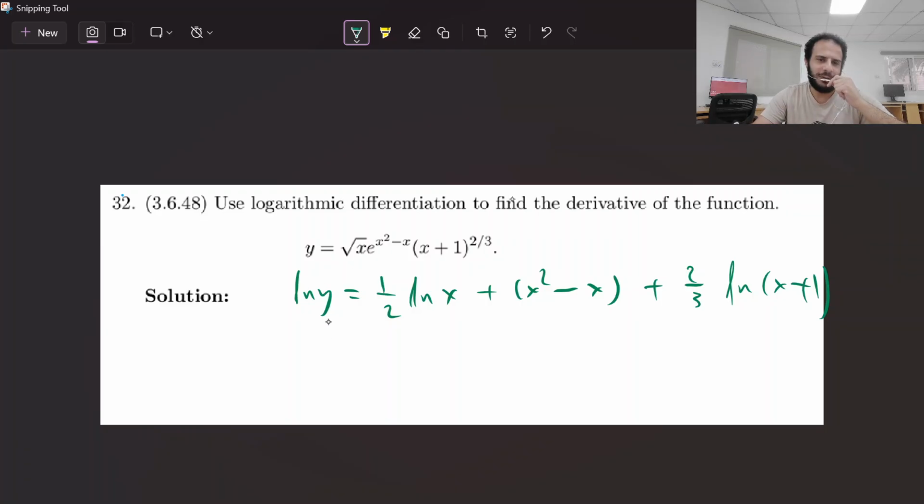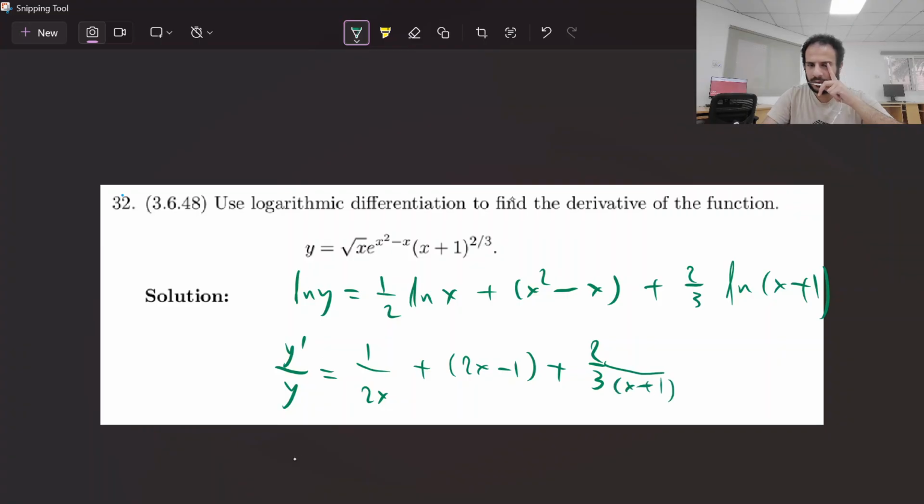Now, what's the next step? Differentiate. So y prime over y equals 1 over 2x plus 2x minus 1 plus 2 over 3 times x plus 1.